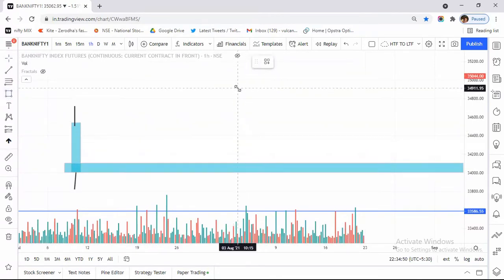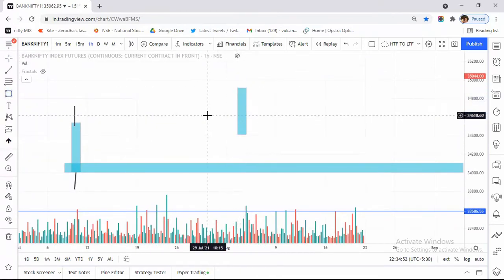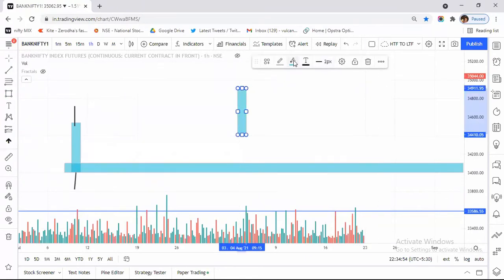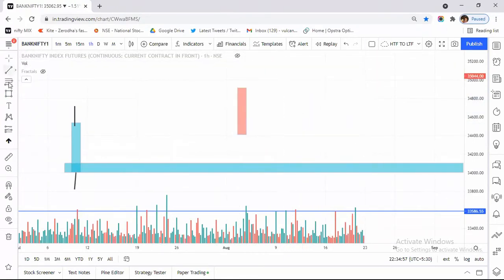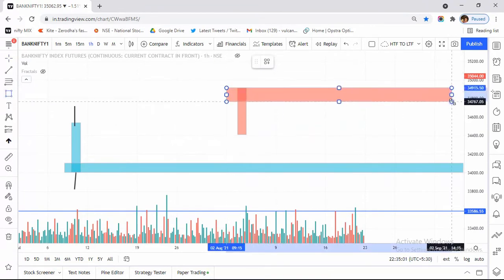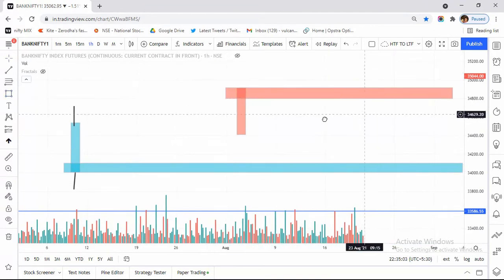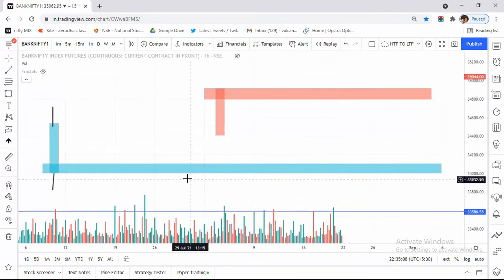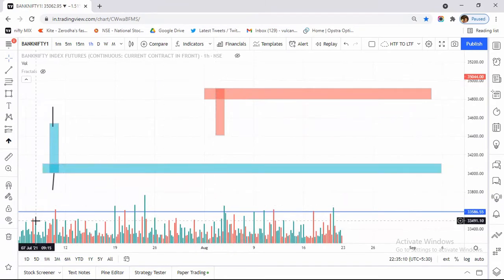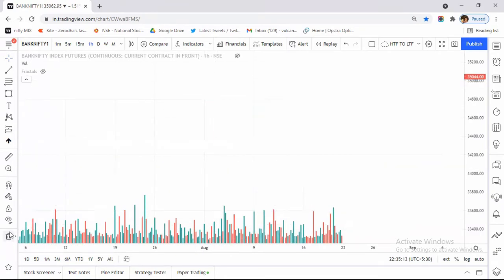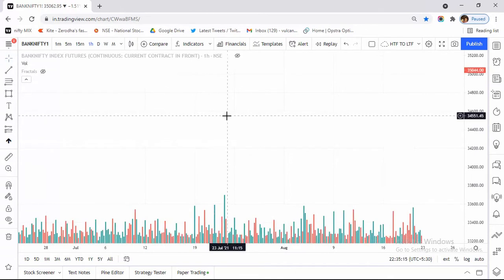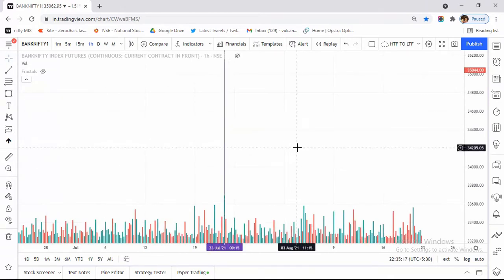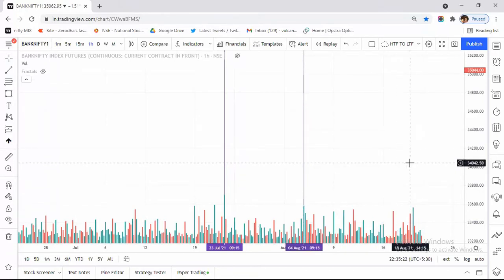And if this is a red candle on high volume, I will mark the red candle open as supply. So in this case, this zone is my supply, this zone is my demand. Now I will mark this candle and some of the higher candles also.